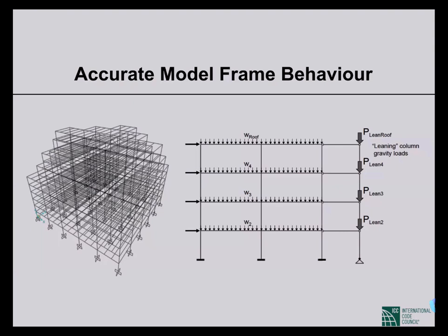Since those columns are gravity load bearing columns, they will have gravity loads on them, and then they will undergo deformation, side sway, that will cause the P delta effect, and that will contribute to the second order moments. So that's why if we model the frame three-dimensionally, then we can get that picture.